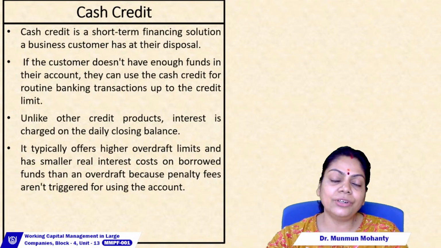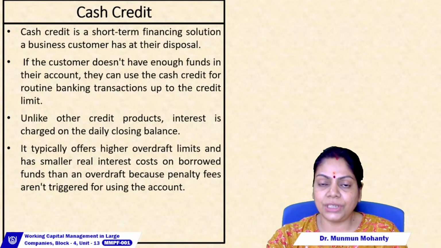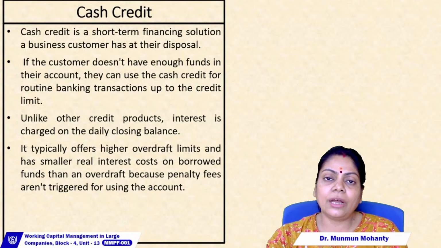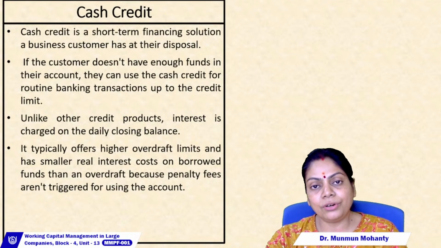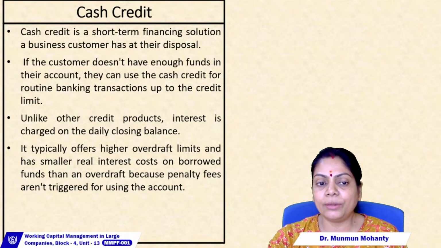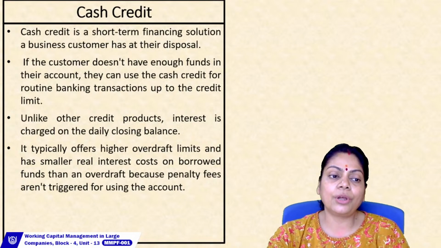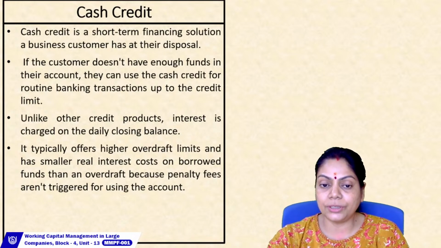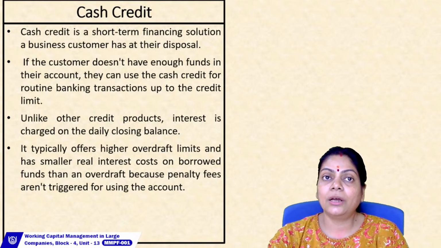Okay, so you sanction a credit limit, and whenever he requires it, even if suppose he has issued a check of, let us say, 10 lakhs, and the balance in the account shows it is only 9 lakh 20, the bank will still honor the 10 lakh check even if the fund is not available, because it is well within the cash credit limit of your client. Okay, so unlike your other credit products, interest is only charged on the daily balance.